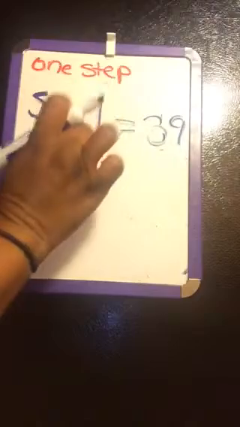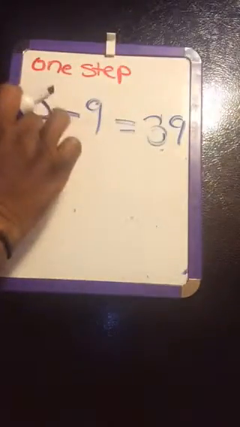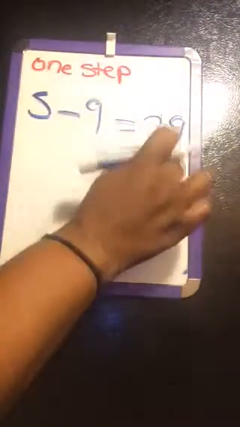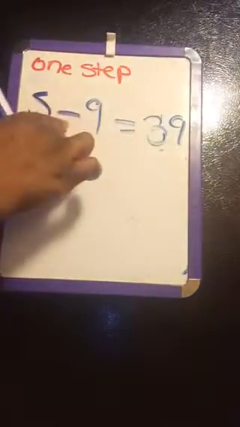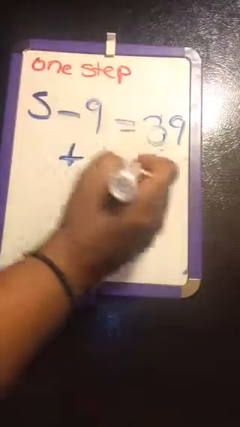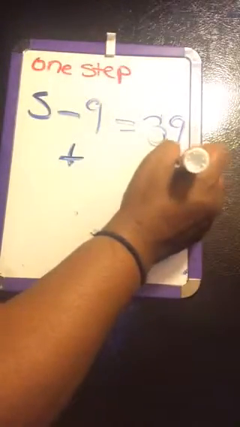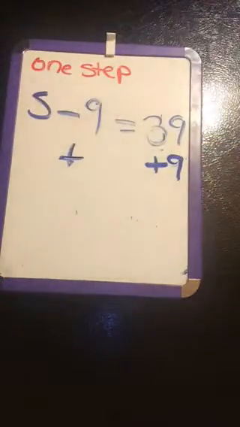So we want to get the variable over here, and we want to get the number to go over here. Since this is a negative number, we have to add it. So we're going to add 9 to both sides.